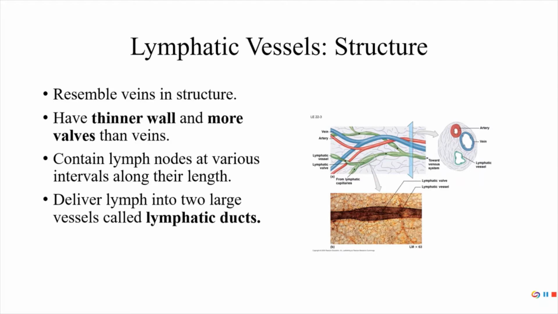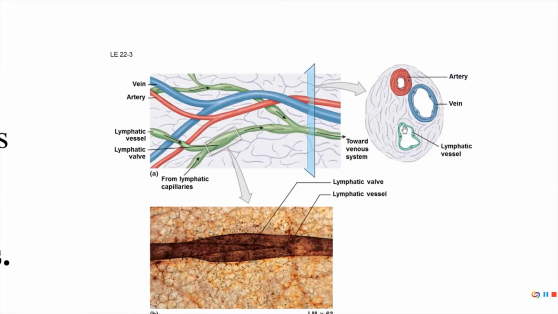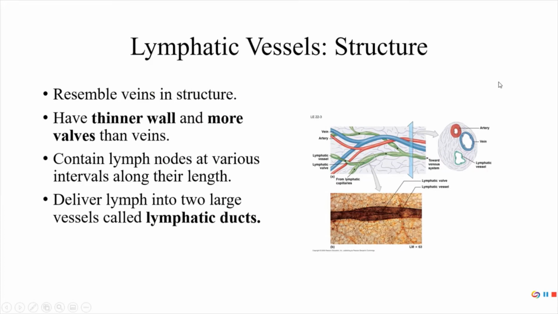So as we talk about them, if I do a direct comparison of a lymphatic vessel to a vein, now lymphatic vessels and veins tend to run alongside each other with the other vascular organ, the artery. And what we're going to see is they are much like veins. Now, the resemblance is a little bit different. They both have valves and they're both relatively thin-walled.